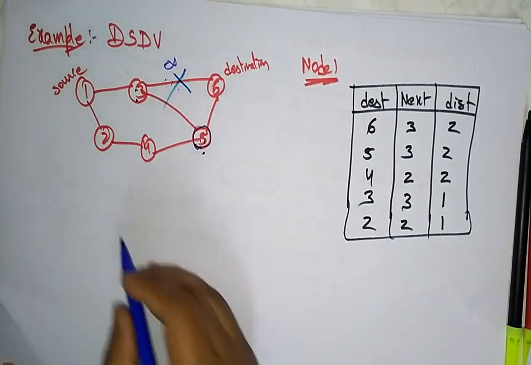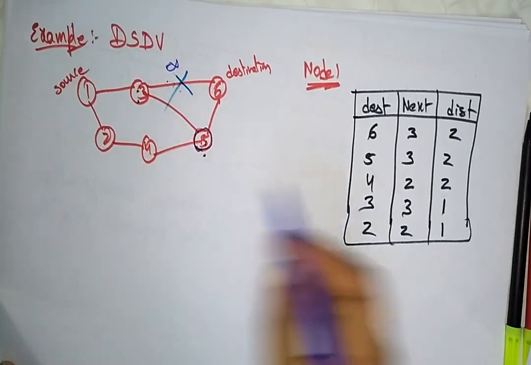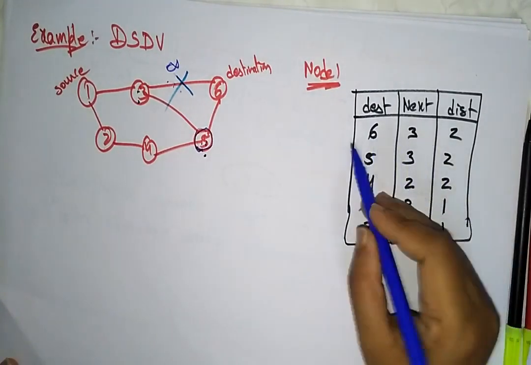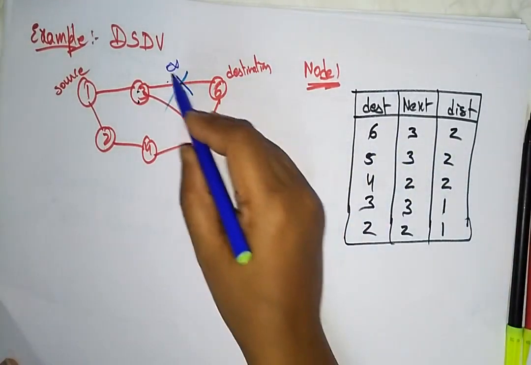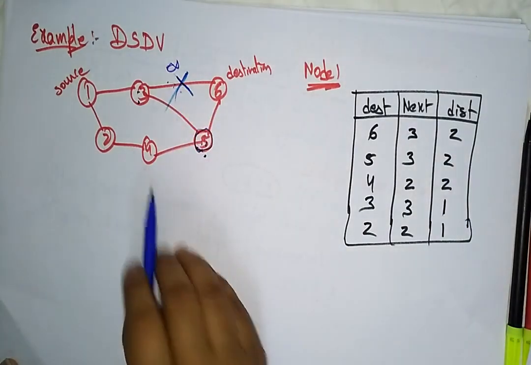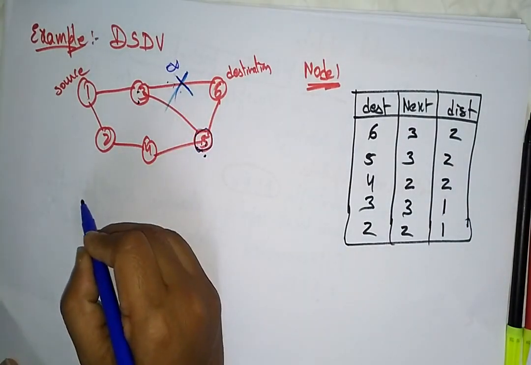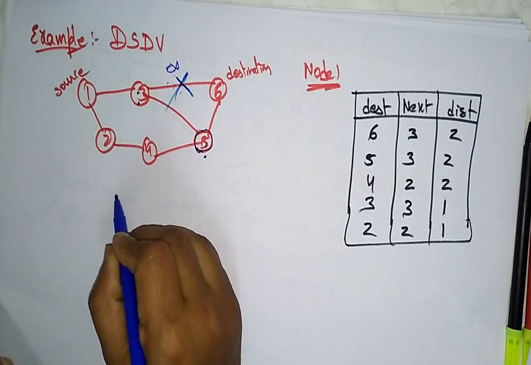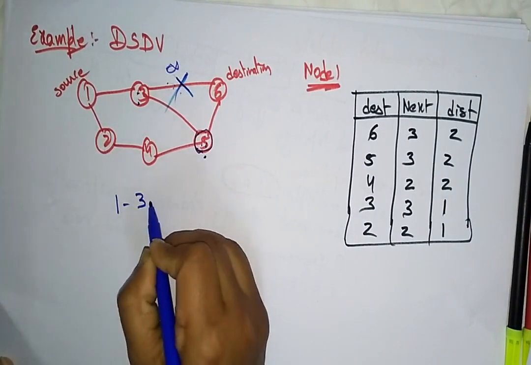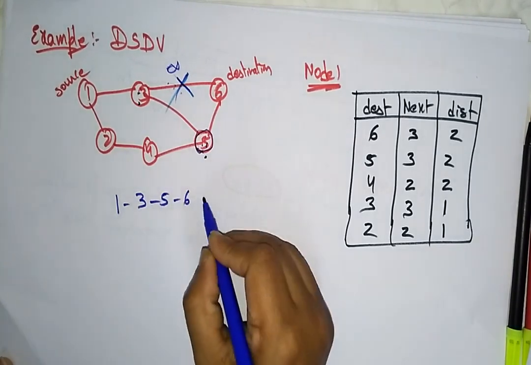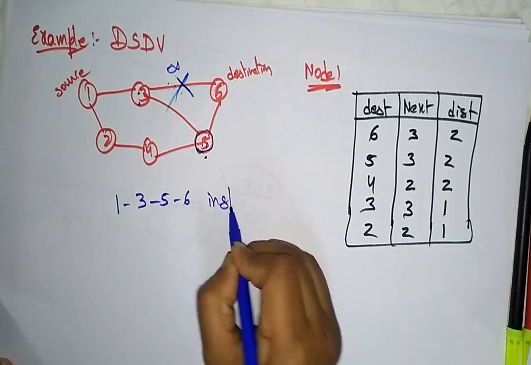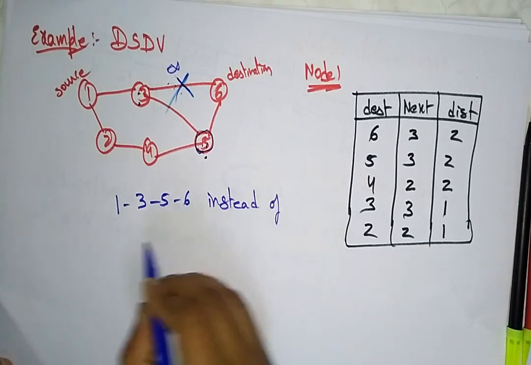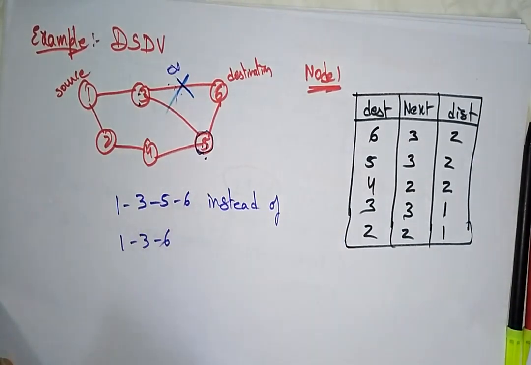Now let's see how the path will come. Whenever the link is broken, the node may now send its packet through the route 1, 3, 5, then 6, instead of 1, 3, 6.